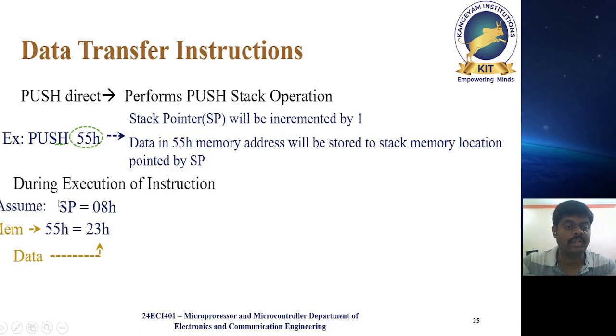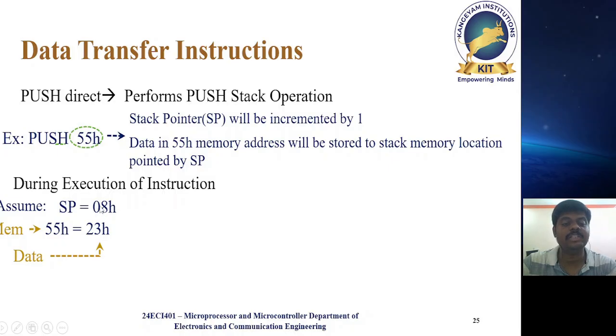Assume that the stack pointer is a register which is holding the address of the stack. You can't initialize it right now, so right now assume that the stack pointer equals 08.